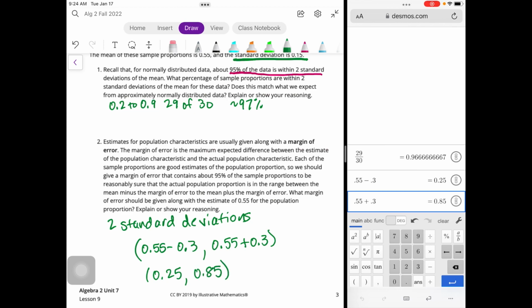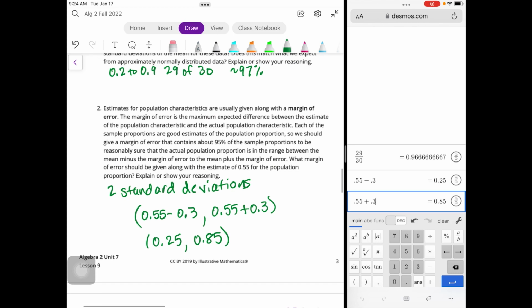So we can be 95% sure or confident that the population proportion is somewhere between 0.25 and 0.85. Again, we can be 95% sure that our actual population proportion is between 0.25 and 0.85.